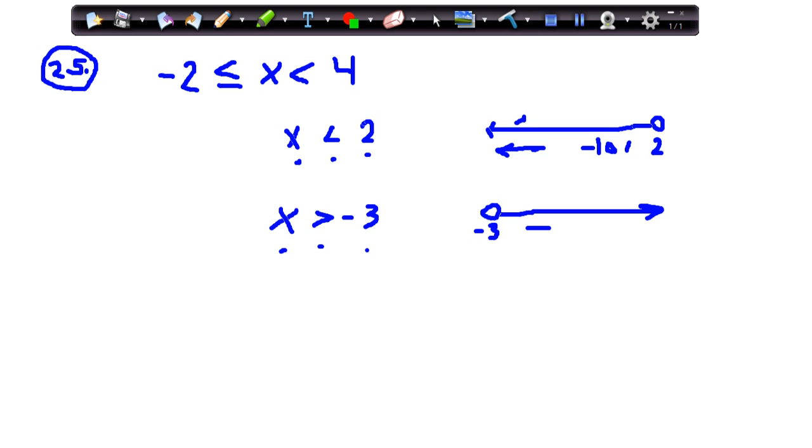Okay? X is greater than -3. So what's greater than -3? Well, let me get my eraser. -2 is greater than -3. -1. See, we're going up the scale. Going up the positive scale, right? 0 is greater than -2.